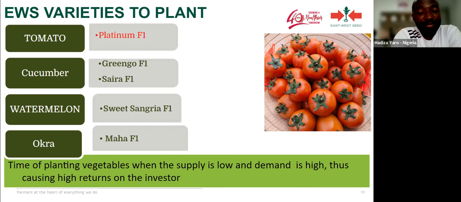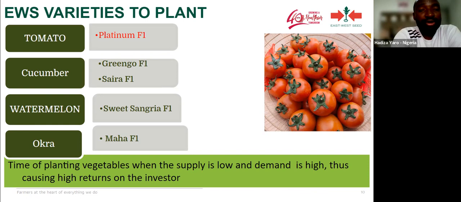The bricks simply means the sweetness of the product. And the last but not the least on this slide is Ma'a, which is a hybrid. As you can all see from these varieties, they are all hybrids because of the challenges you're going to face. So we preach hybrid for this season.